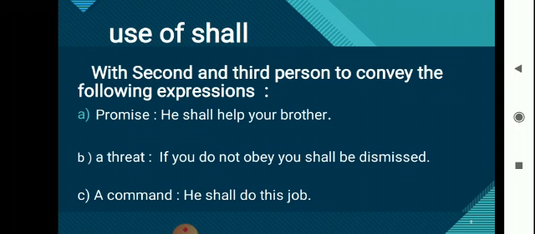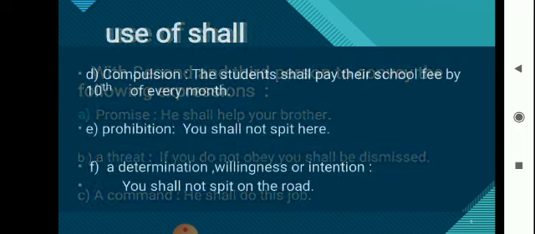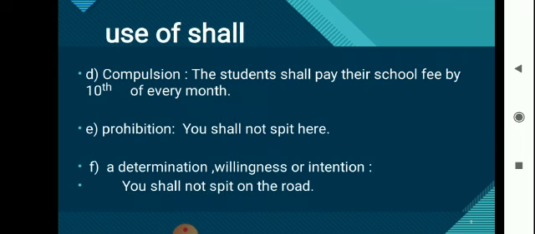So with the second or third person, we use shall to convey a promise, a threat, a command, and then compulsion, prohibition, determination, willingness, or intention. For all these expressions, we use shall with second and third person.